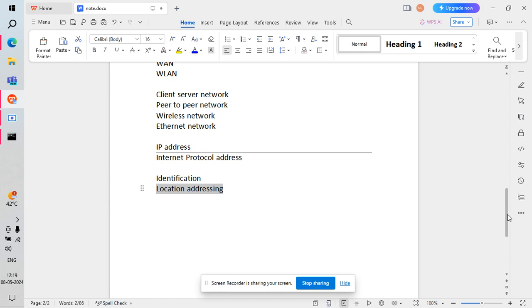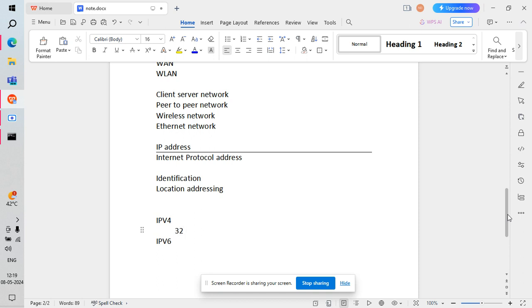Second one is location addressing. The IP address helps route data packets between devices on a network or between networks. They indicate where data should be sent and where it comes from, facilitating communication between these devices. And there are two versions of IP address in use, IPv4 and IPv6.